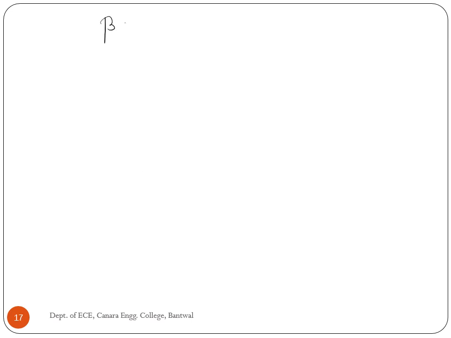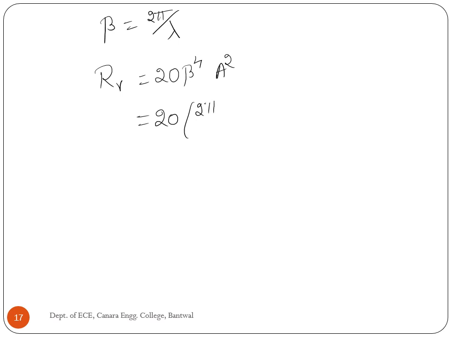We know that beta is equal to 2 pi by lambda. Therefore, radiation resistance is equal to 20 beta to the power 4 into A square, which is equal to 20 into 2 pi divided by lambda to the power 4 into A square.